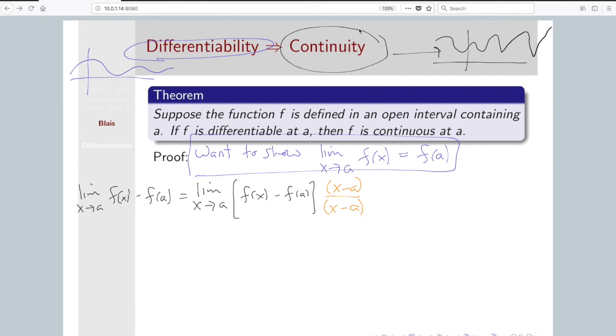So we group things by writing this as a limit as x approaches A of f of x minus f of A over x minus A. So we took this x minus A that we introduced in the denominator and paired it with this f of x minus f of A, and we left the other x minus A out front.